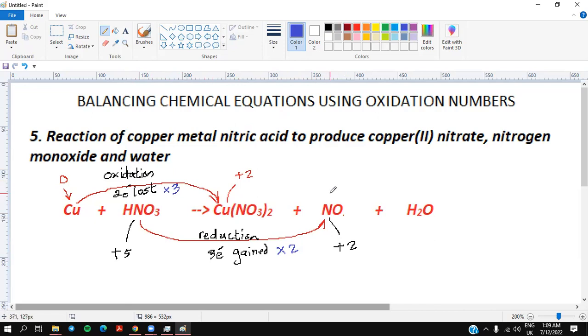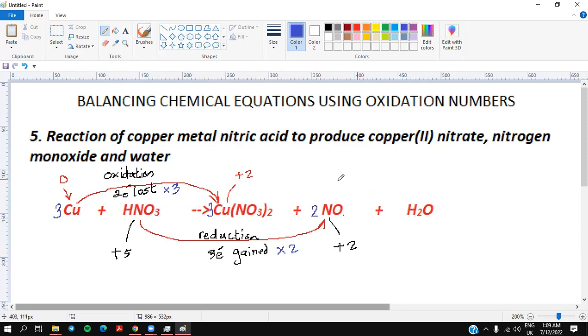You can see here, because I multiply the copper part by 3, I multiply this side by 3, product side also by 3, because copper is available only in one species on the left-hand side and also only in one species on the right-hand side. So that sort of thing can be multiplied very easily. And in the nitrogen case, when you multiply by 2, remember again, we are not going to multiply the HNO3. We go to the side where there are 2 species with nitrogen, and you multiply this one by 2.